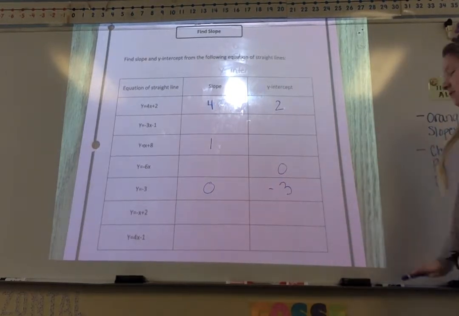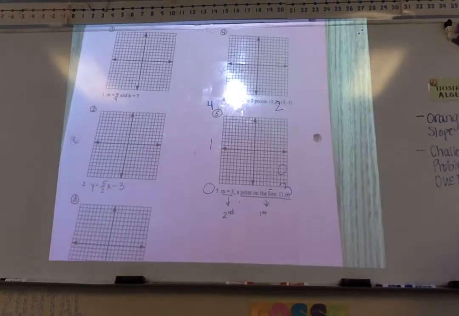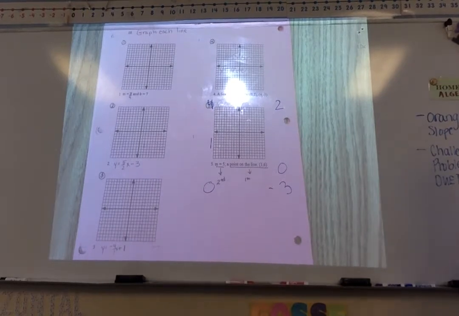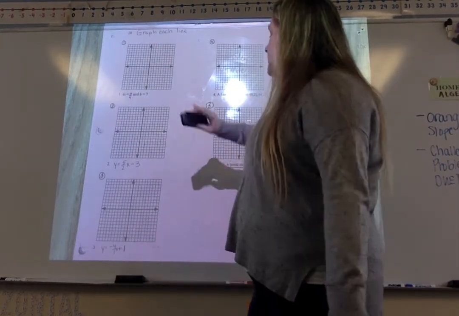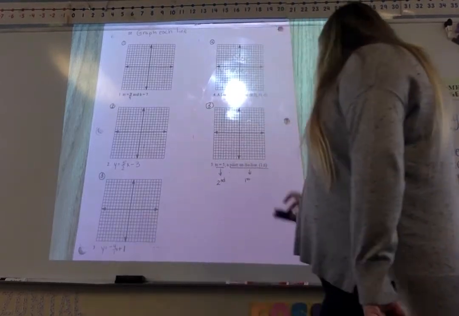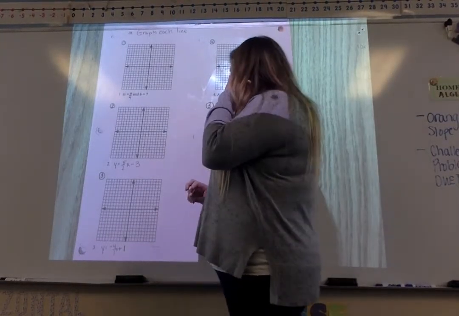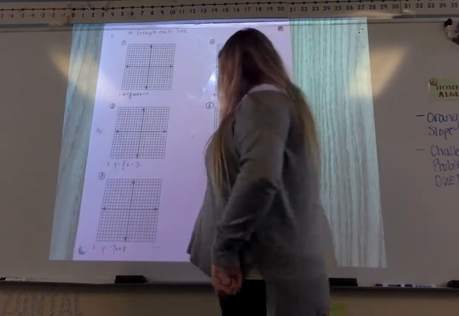All right. Flip this page over. On the back here, we have graphs, and each of them has either a different equation or a different setup to give you the slope and the y-intercept. We're going to practice with number 2.